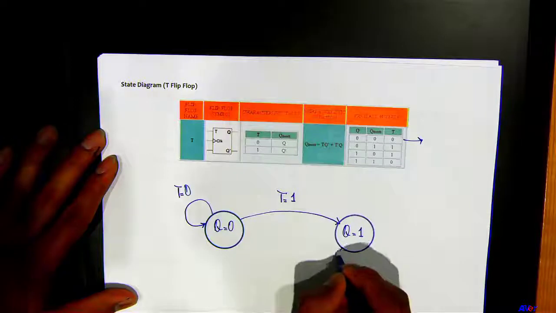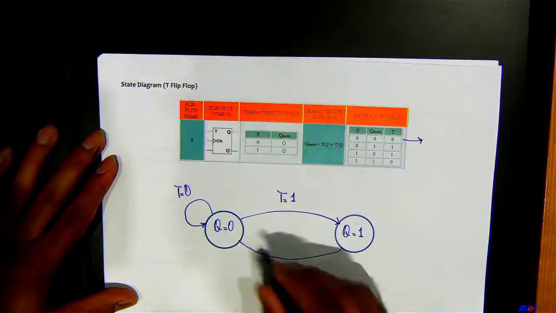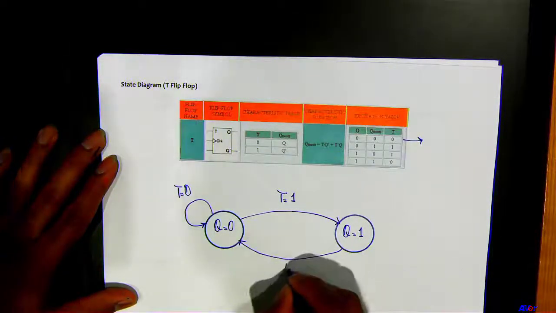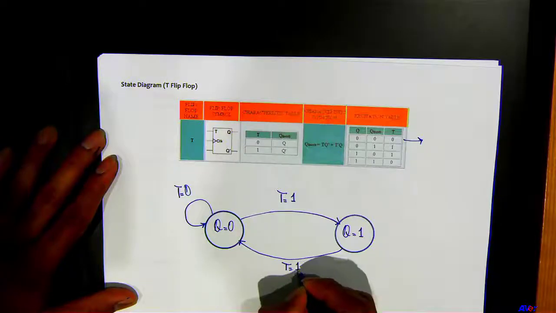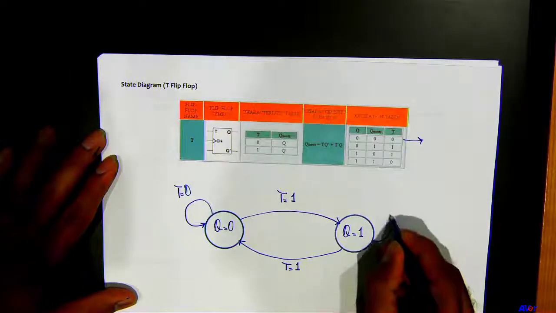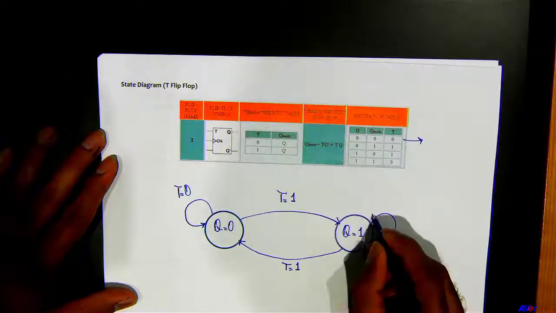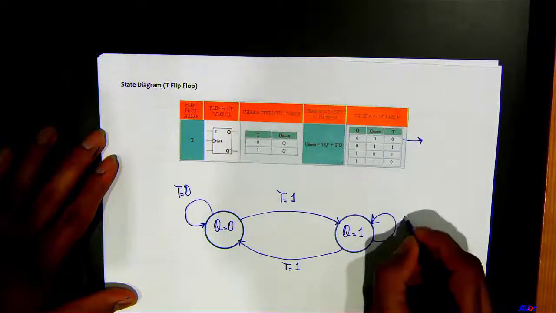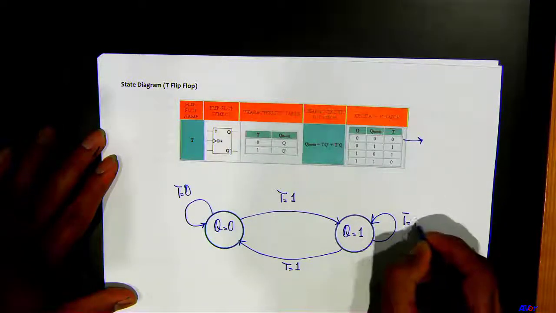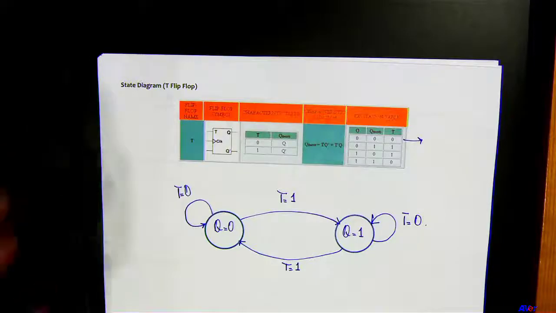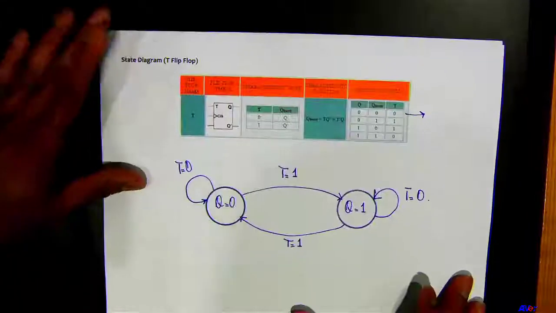It goes to 0 when T is equal to 0. Okay, so that's the state diagram for the T flip-flop.